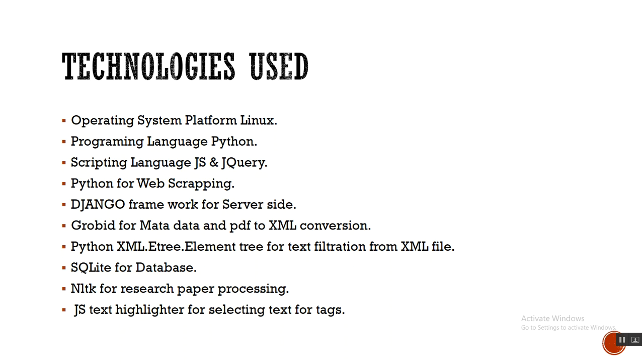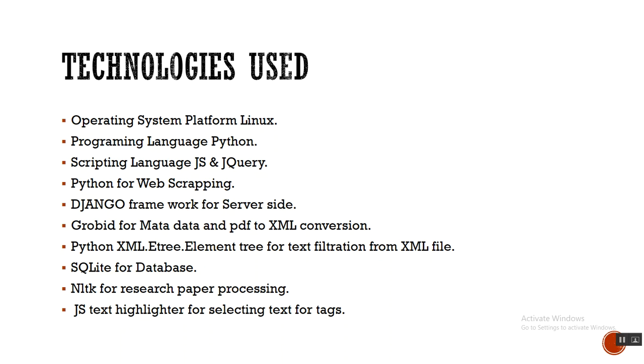The technologies we are using are Linux, Python, JavaScript, and jQuery, WebScrap for Python for web scraping, and the Django framework for the server-side language. We are also using a Grobid API, which is used to extract the text from the PDF research paper.